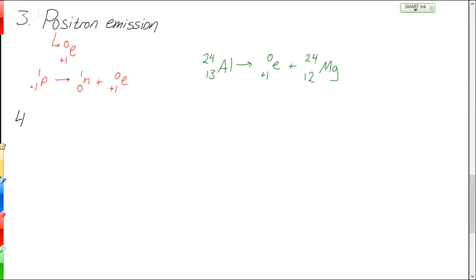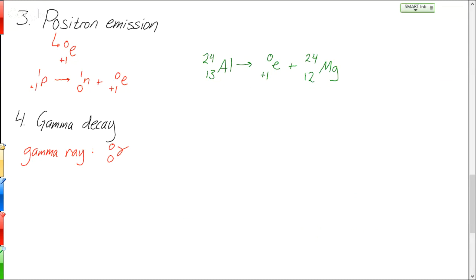But then the last one that we're going to look at is gamma decay. And this one's a little strange because a gamma ray is not a particle. Because it's not a particle, it doesn't have any charge, it doesn't have any mass.